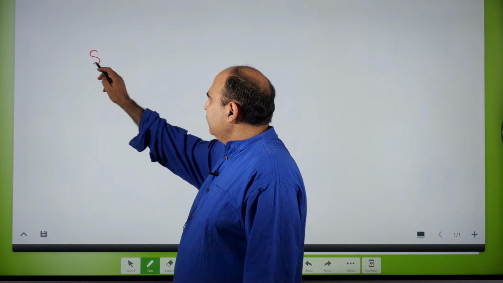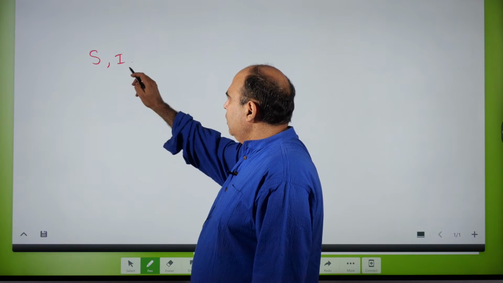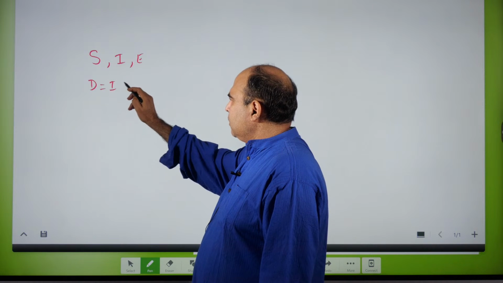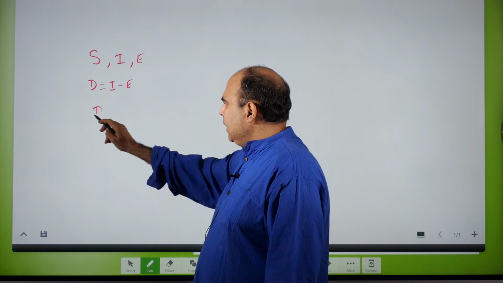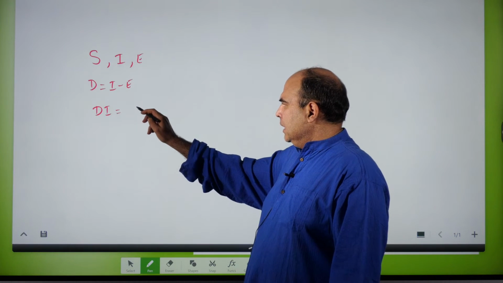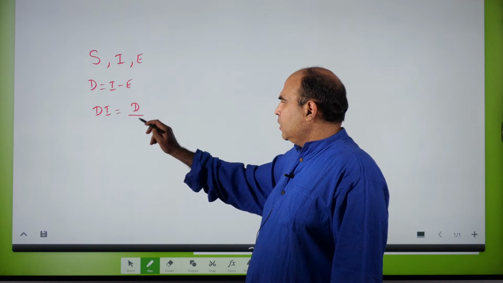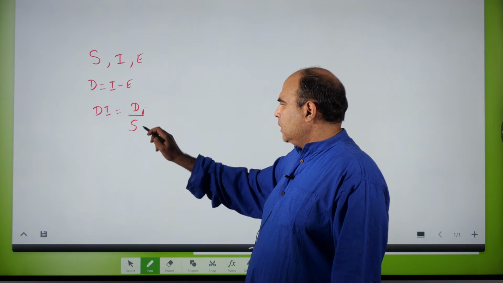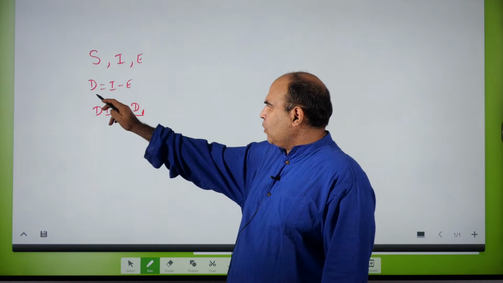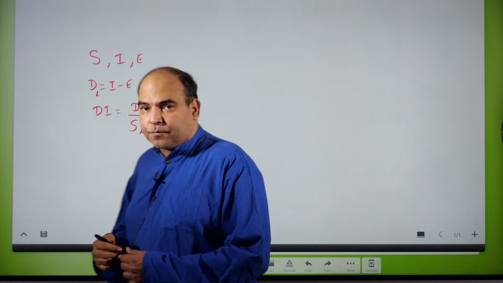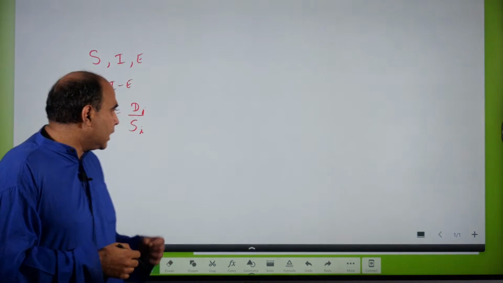Sales, imports, exports, deficit, which is imports minus exports, and deficit intensity, which is deficit upon sales. Deficit intensity can be calculated for any year, and deficit also can be calculated for any year, while sales, imports and exports are given for specific years. These are 5 variables, and the 6th variable is the growth rate.